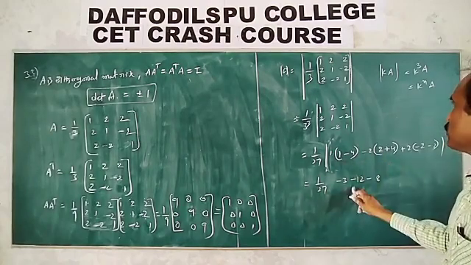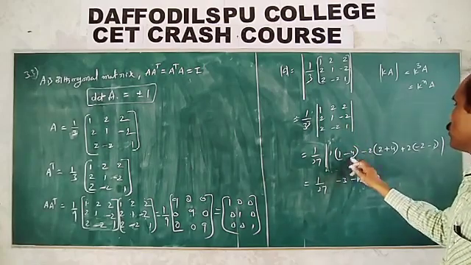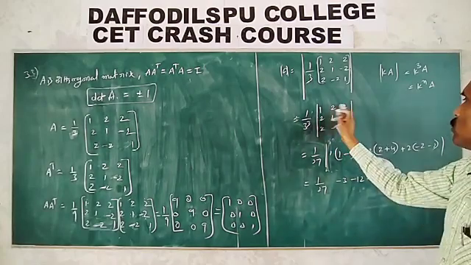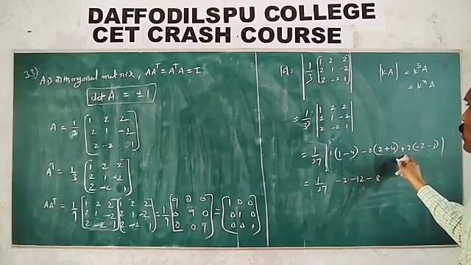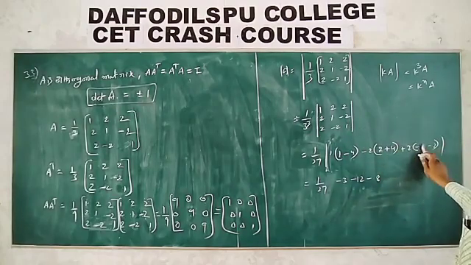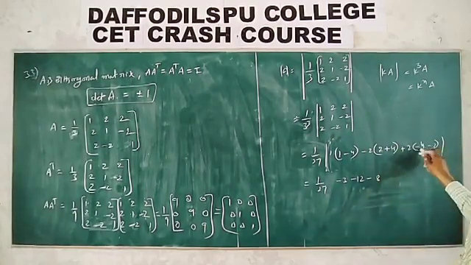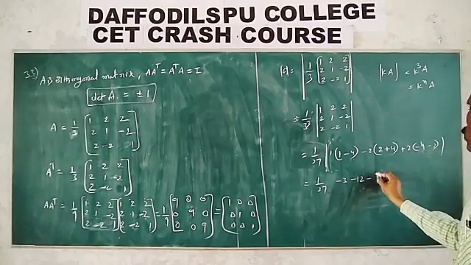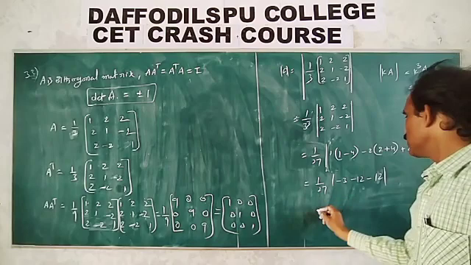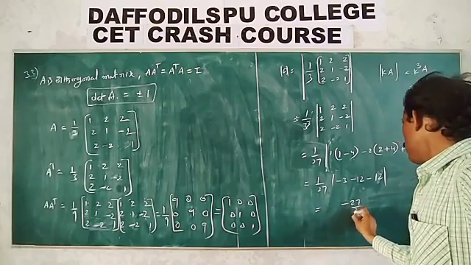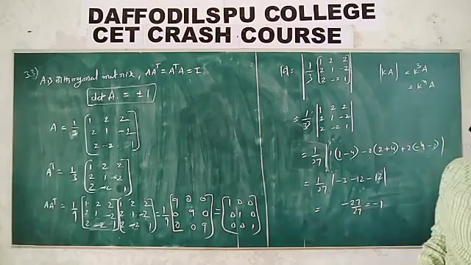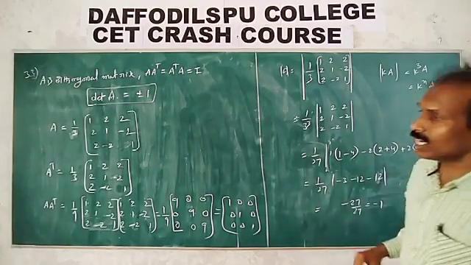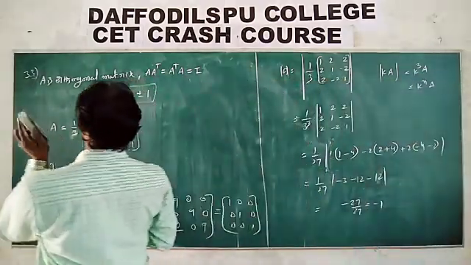This is minus 3. 1 of 1 minus 4, minus 2 of 2 plus 4, plus 2 of minus 4, sorry, minus 2 minus 2, so minus 4, 4 minus 2 minus 6, so 12. This implies minus 27 by 27 is equal to minus 1, either plus or minus 1. So that is the example for the orthogonal matrix.